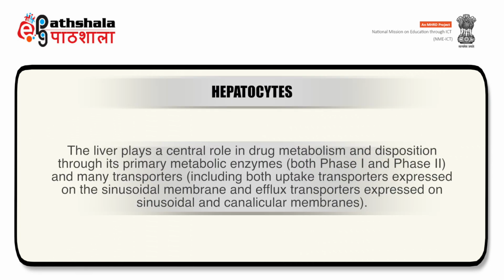Hepatocytes. The liver plays a central role in drug metabolism and disposition through its primary metabolic enzymes, both phase 1 and phase 2, and many transporters, including both uptake transporters expressed on the sinusoidal membrane and efflux transporters expressed on sinusoidal and canalicular membranes.